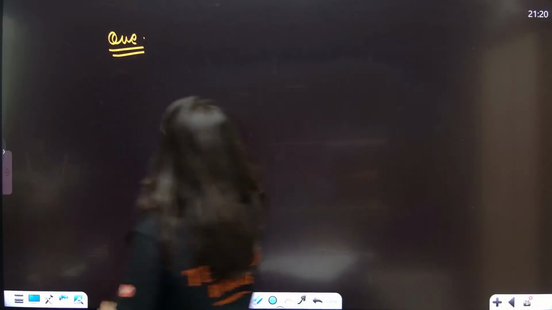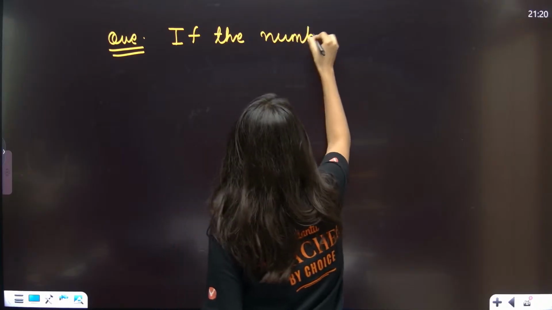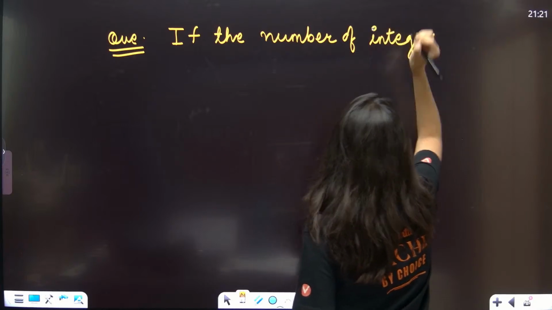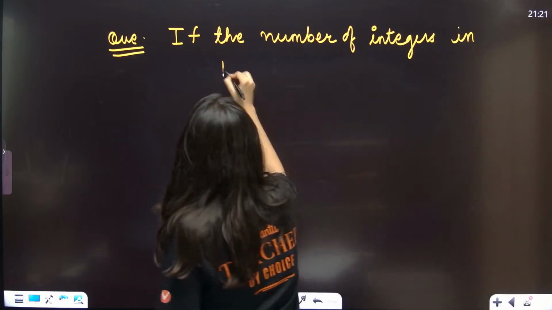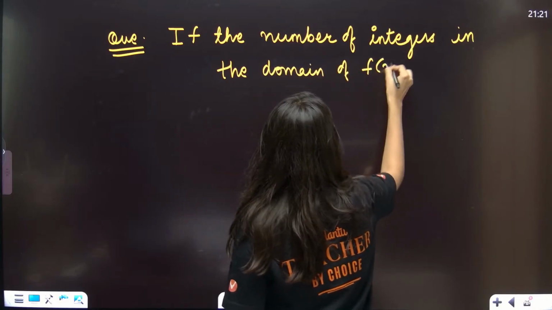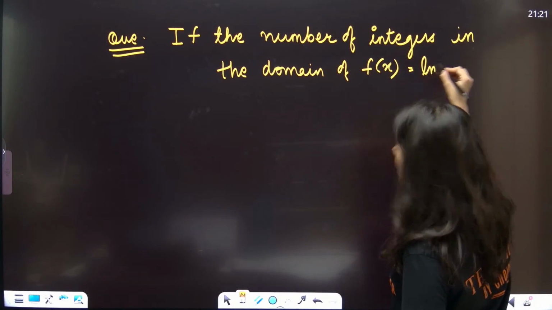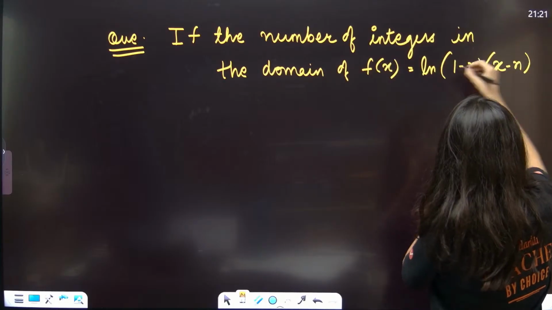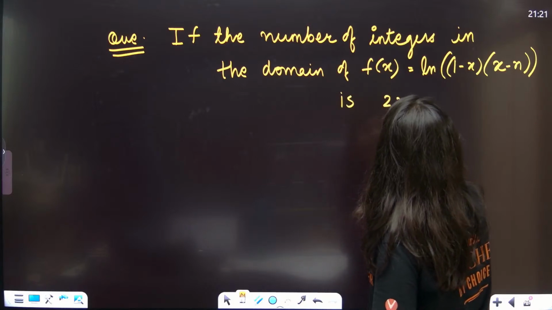If the number of integers in the domain of f of x, okay, is equals to log of 1 minus x and x minus n, is 2n minus 11.